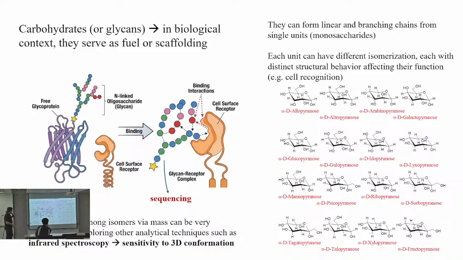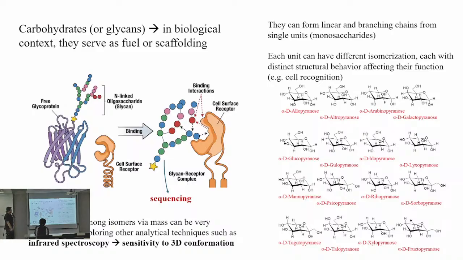And one way is to look at infrared spectroscopy. So infrared spectroscopy looks into the vibrational signals based on the bond stretching profiles and, in some cases, bond bending for these systems. And what we want to show here is that IR spectroscopy can be used to distinguish them, right?